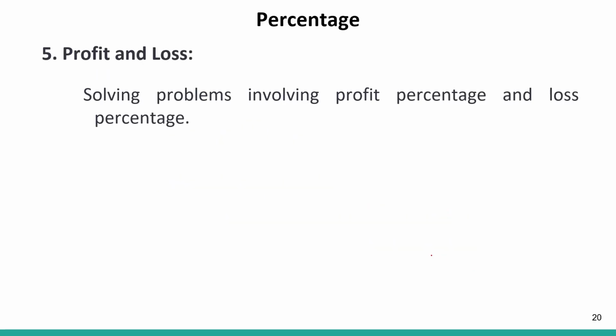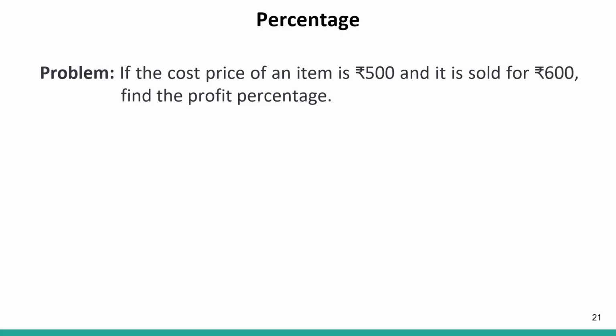Okay. So solving problems involving profit percentage and loss percentage is the fifth kind of problem that is being asked. So let's see an example. So if the cost price of an item is 500 and it is sold for 600, find the profit percentage. So the cost of the item is 500 rupees and it is sold for 600 rupees. So find the profit percentage.